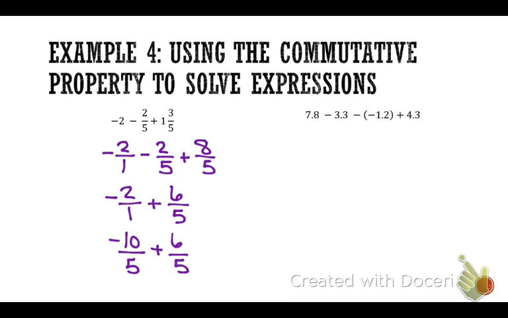All right, remind me again, do I need to add my denominators together? No, just bring it over. And what's negative 10 plus 6? Negative 4. Negative 4. And we're done. Okay, good job, guys. This is one of the tougher parts of the lesson, okay? But we can do it.